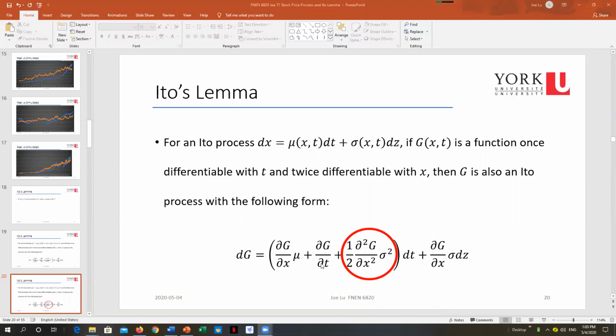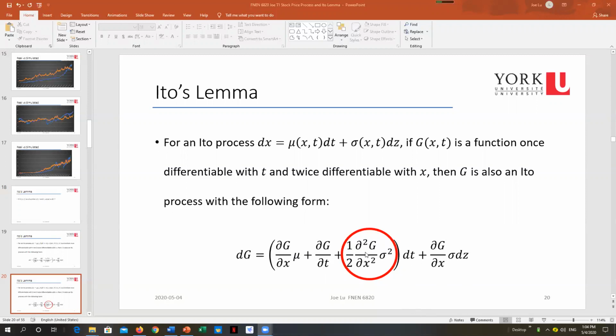So for people that have a calculus background, if x is not a stochastic process, and G is a smooth function of x, then dG would just be this term, you wouldn't have this part, times dt.